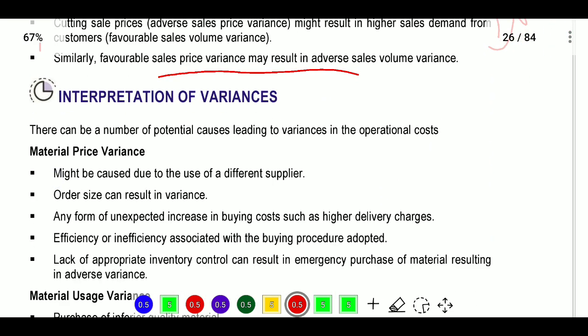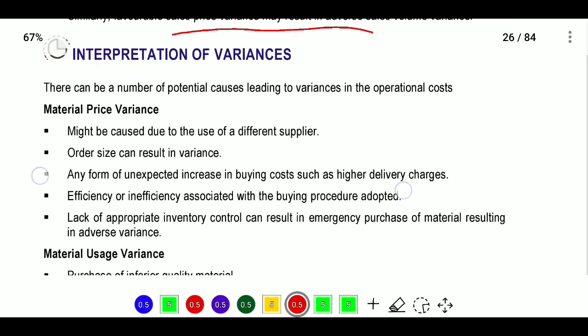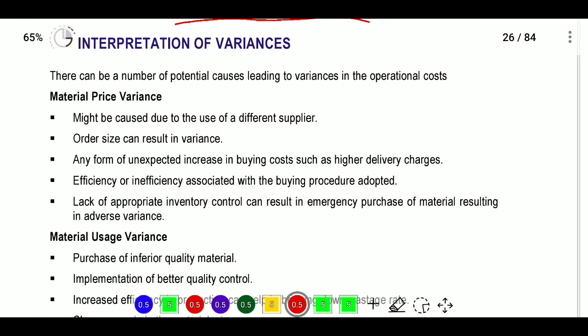Next, interpretation of variances. That is, material price variance and material usage variance. Price means price, usage means quantity. This might be caused by different suppliers. If you purchase from one supplier, you get purchasing power, so you ask for more discounts and get a lower price, and then you have more profits.